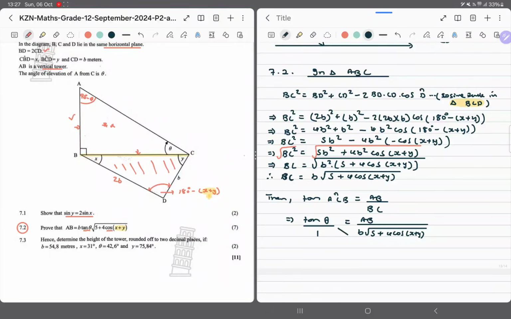So we cross multiply there to isolate our AB. Therefore, AB is going to be equal to, now you can see here B was put in front times tan theta times the square root of 5 plus 4 cos of x plus y, 100%. So these questions, guys, are easy.